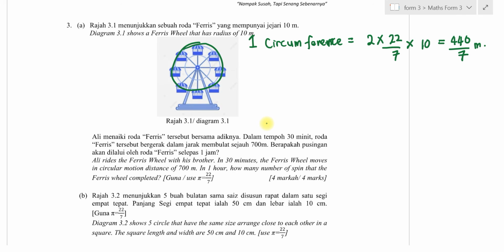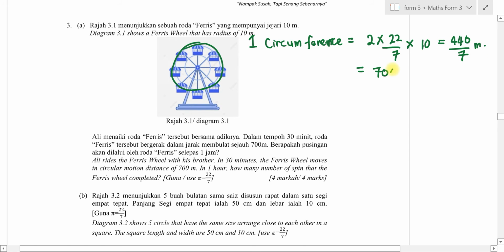Okay, that was the question they are asking you. So kalau one circumference is 440 over 7 meter, kalau kamu dapat 700 meter, how many circumference? That is your question.